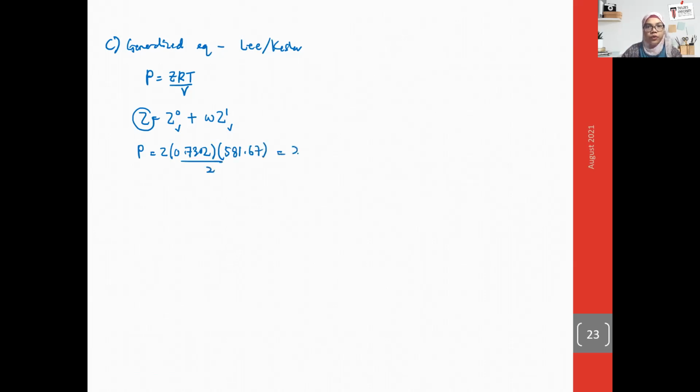So we can have P equal to 212.4 Z, right? And then after that, you can have Z equal to 212.4 over P.